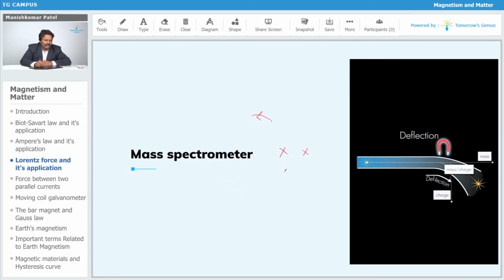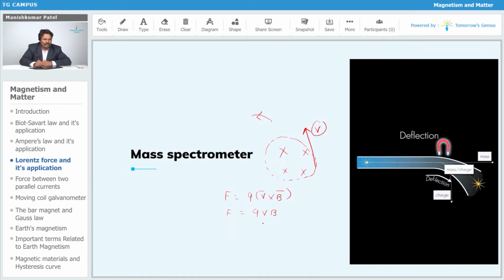So let's say this is the external magnetic field and this is the charge which I project, perpendicular to it. The force acting is F equals Q into V cross B, which is QVB. So this force makes it move along this circular path.